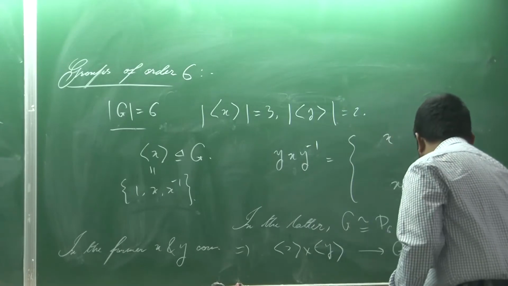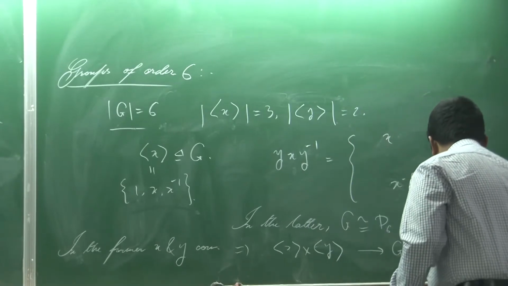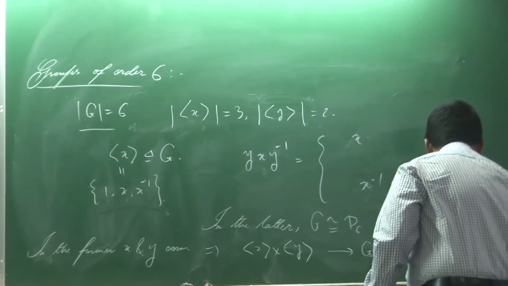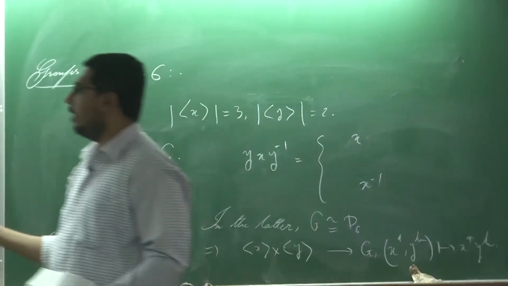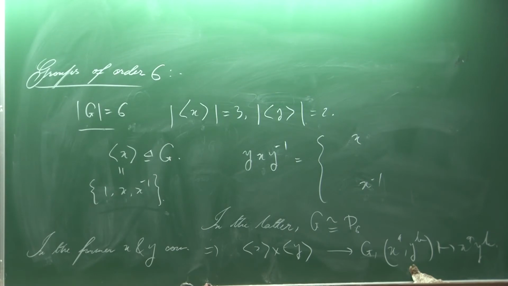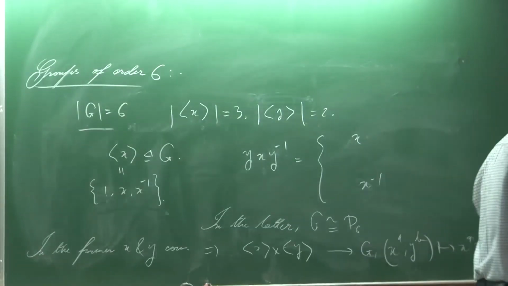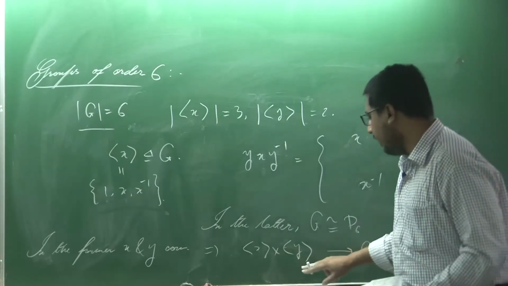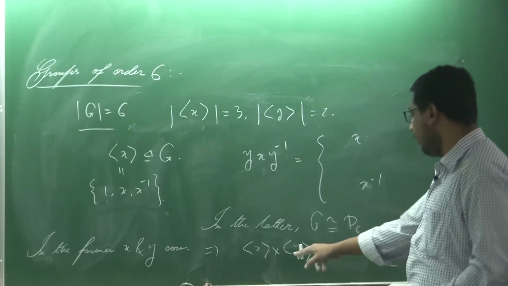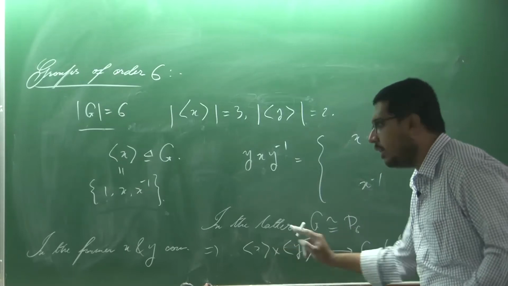So, (x^a, y^b) goes to x^a y^b. This we can prove following the strategies that we have adopted earlier. Their intersection has to be trivial, and x and y are commuting, so any power of x will commute with any power of y.